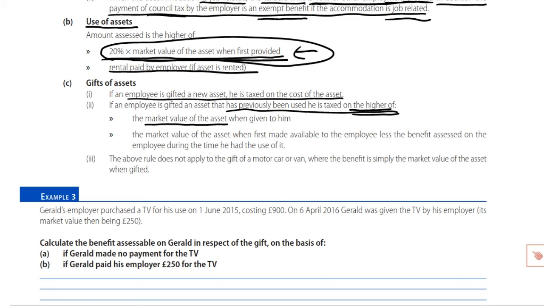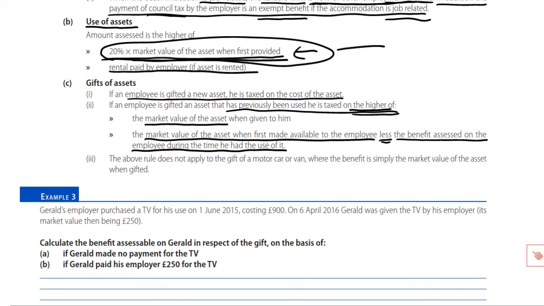It's also probably going to be the figure that will be the higher of these two figures, so you're going to need to know it. It is, what was the original market value of the asset when first made available to the employee, less the benefit assessed on the employee during the time that he had the use of it.